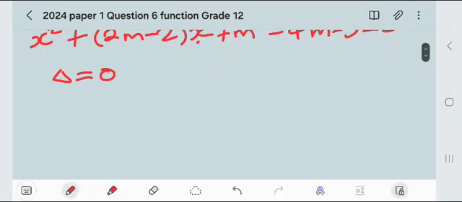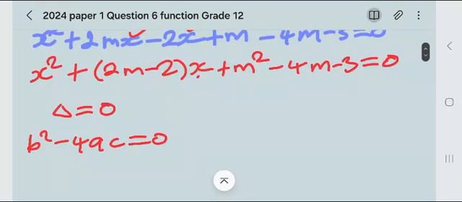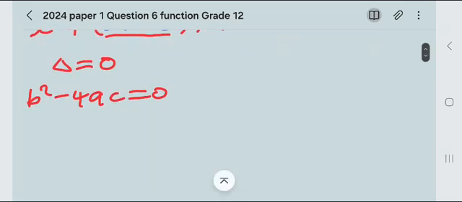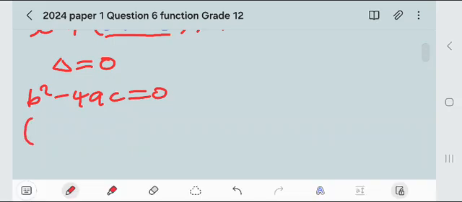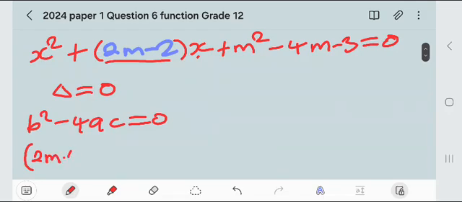Our delta is b squared minus 4ac, which must be equal to 0. What is b? B represents all of these inside the bracket. So b will be, put your brackets, 2m minus 2, you square that, minus 4.